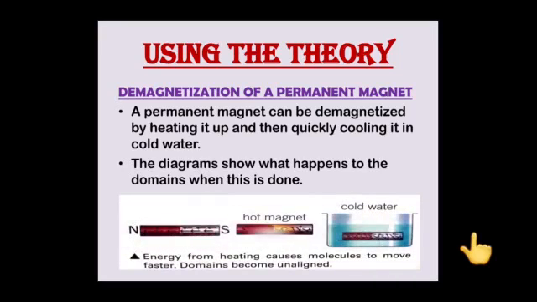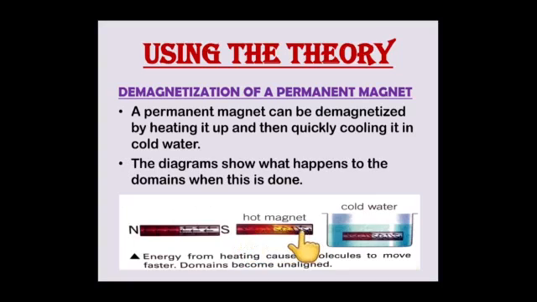You know that in the permanent magnet, the domains are orderly arranged. Once you heat it, the domains will gain energy from the heat and they will start to move faster. When they move faster, they get rearranged and they are no more orderly arranged.